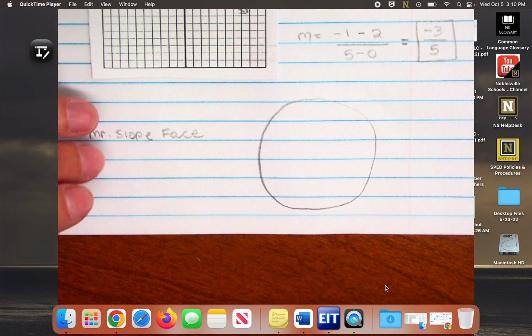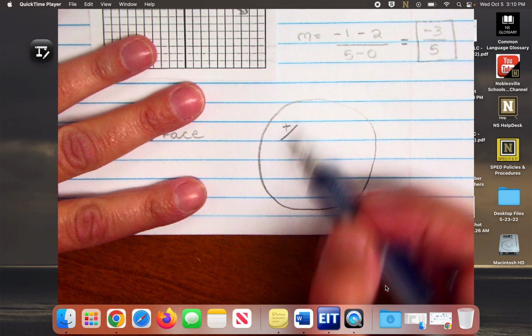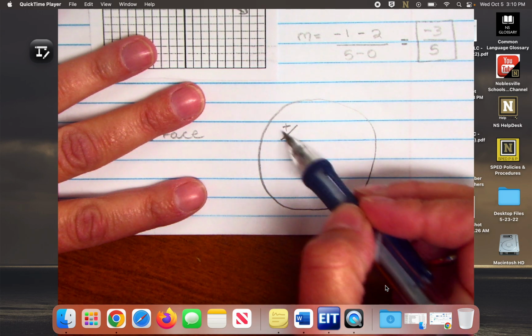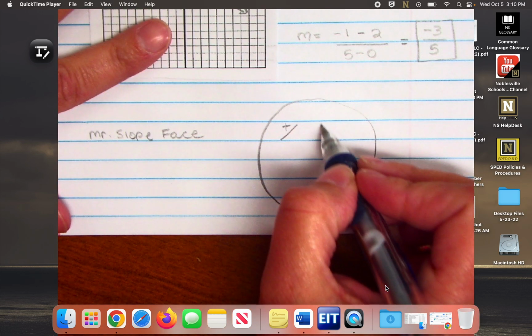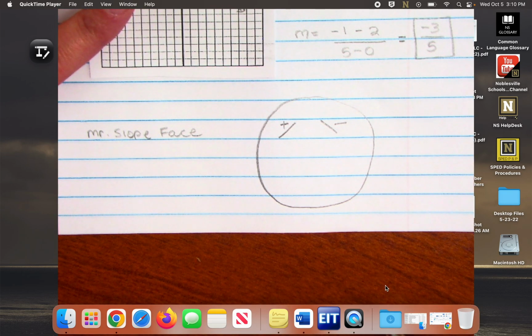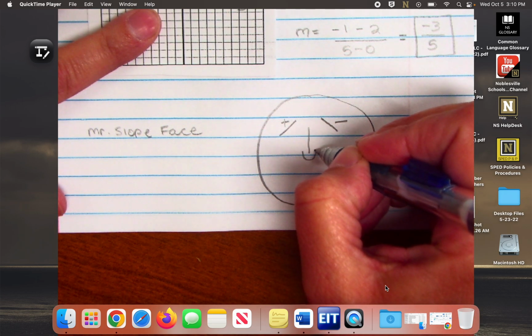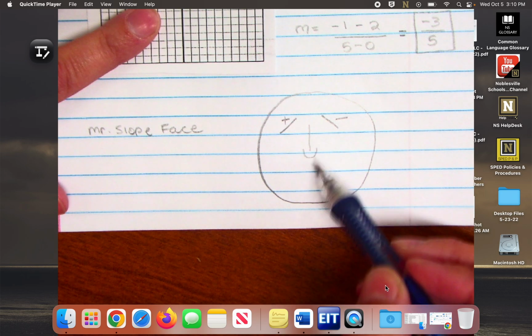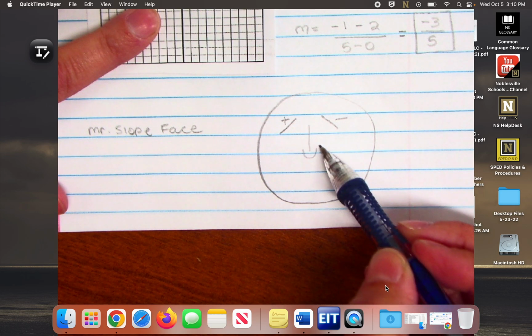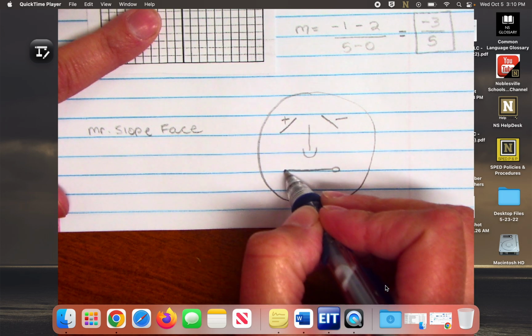Positive slope goes up from left to right, so we put a little I there, the positive. Negative slope goes down from left to right. Those are his eyes. Those should be his eyebrows. A vertical line has an undefined slope, so that's his nose. Vertical, undefined. And a horizontal line has a 0 slope.